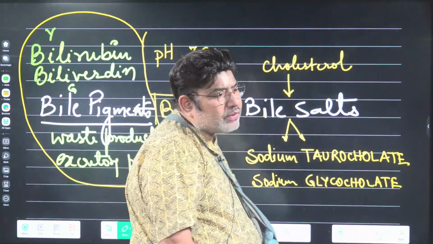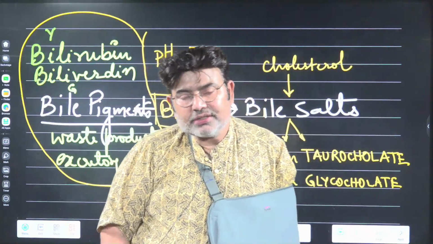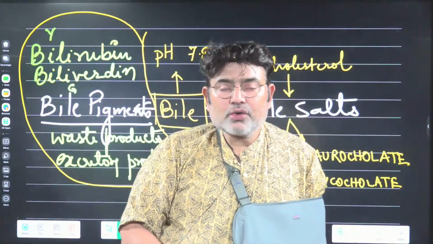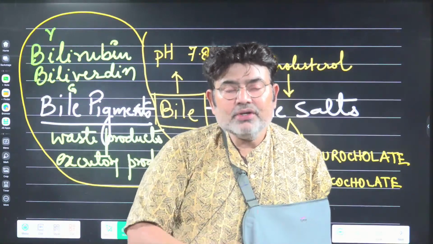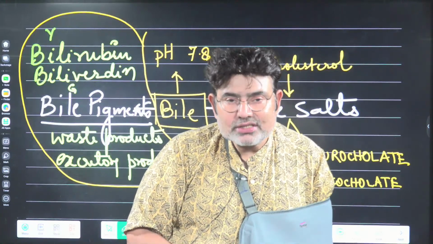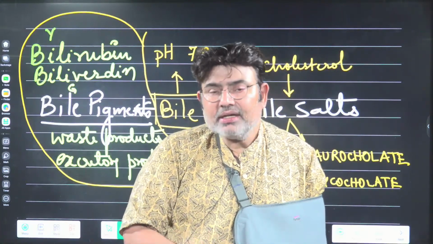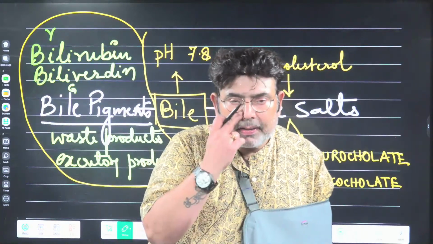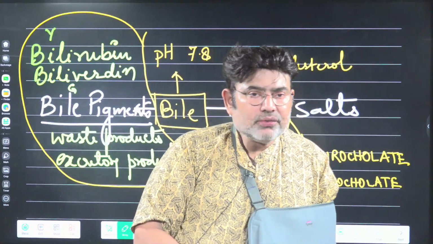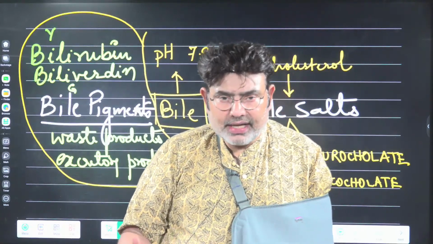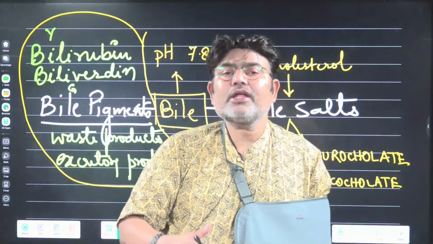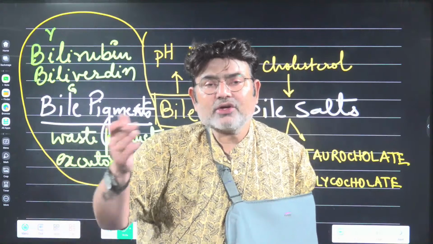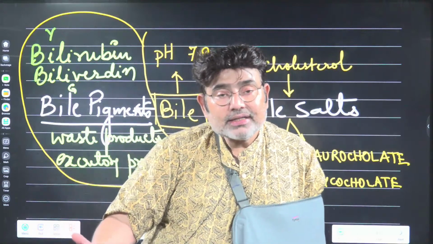If not, then don't take tension, because the textbook has not given these names. Remember that 'chol' is there, so this will remind you that they are derived from cholesterol. Sodium is easy, glyco is easy, cholate. Taurocholate, T-A-U-R-O. Glycocholate. Say with me, taurocholate, glycocholate. And they are derived from cholesterol.